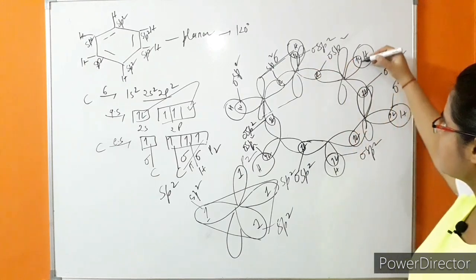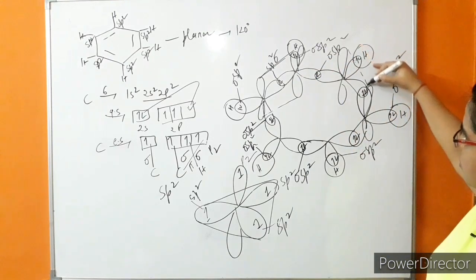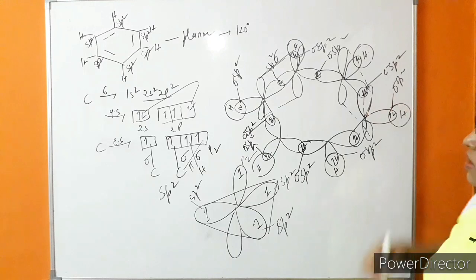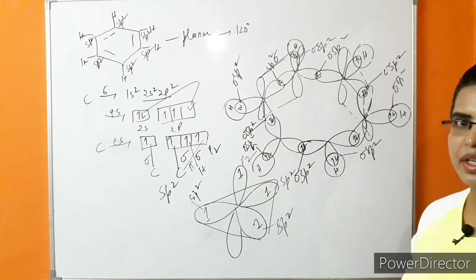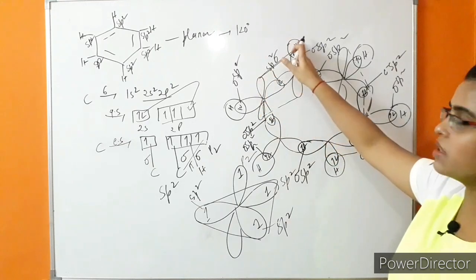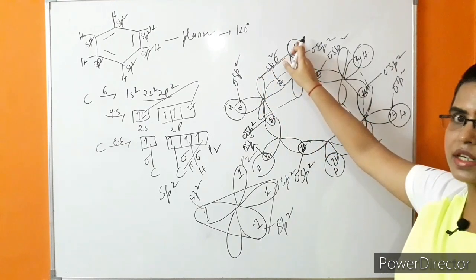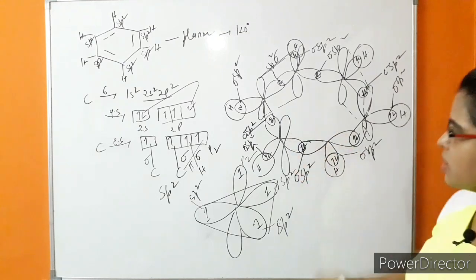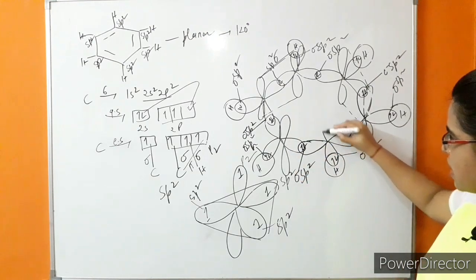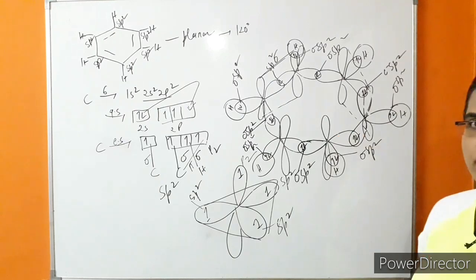So what is happening in this case? There is a formation of a pi bond, that is both lobes of this pz orbital are forming a pi bond with the next carbon's pz orbital. Similarly, in this case, a pz orbital is also present.